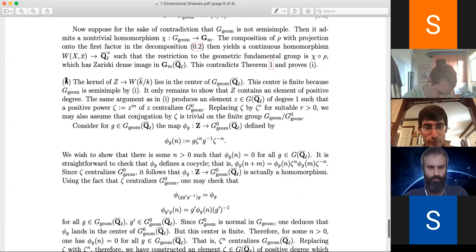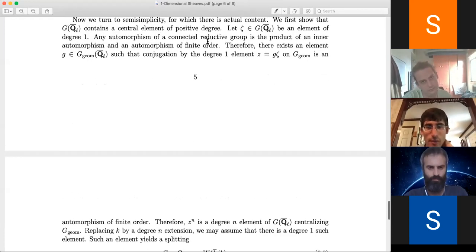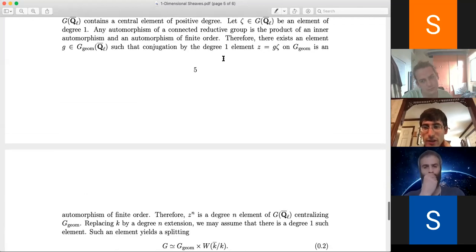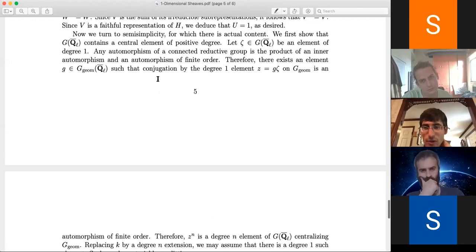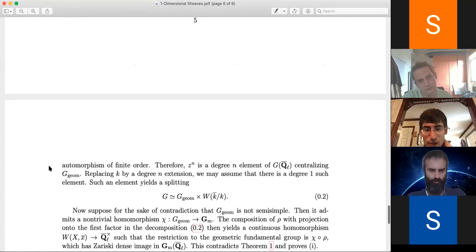Okay. So the argument we gave in proof 1 here: remember we constructed this degree 1 element such that a power of it centralizes the geometric monodromy. We didn't actually use connectedness for that, but that's just a general argument, using the fact that any automorphism is a product of an inner automorphism and an automorphism of finite order.